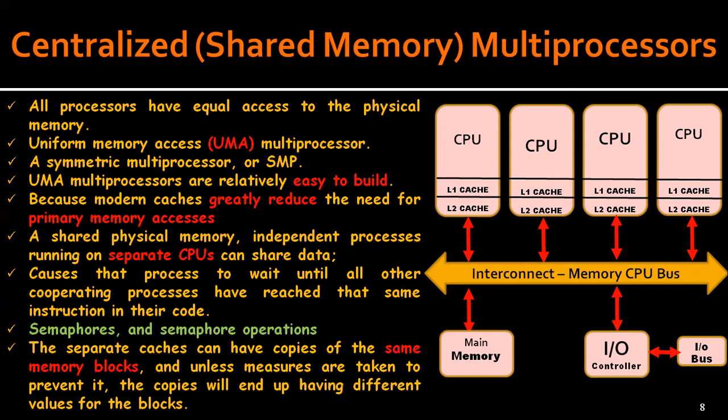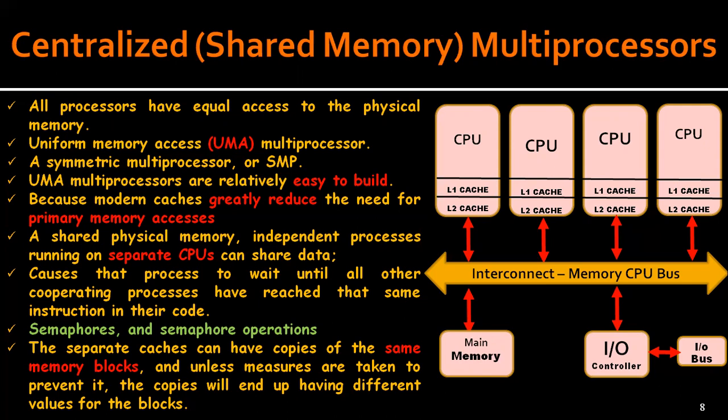Here the hardware designer must address the cache coherence problem. In a shared memory multiprocessor with separate caches in each processor, the problem is that the separate caches can have copies of the same memory blocks. Unless certain measures are taken to prevent it, the copies will end up having different values for the blocks.